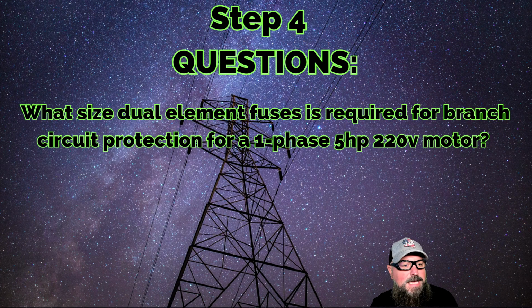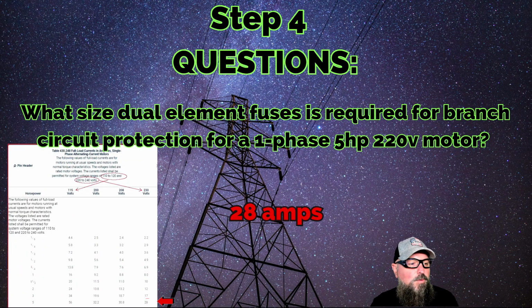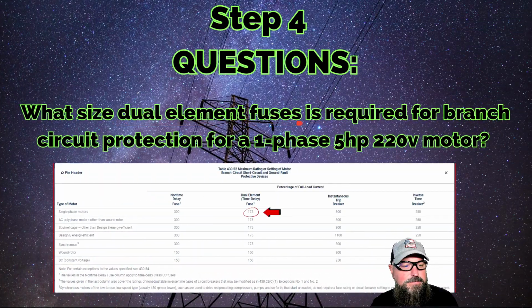Question number 1, what size dual element fuses are required for branch circuit protection for a single phase 5 horsepower 220 volt motor? Again, going back to 430.248, you're going to look at that and find that the 5 horsepower at 230 volts, 220, 230, is going to be 28 amps. Now what you want to do is go to 430.52.